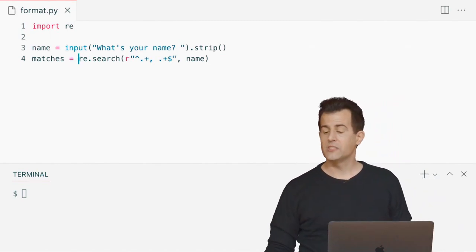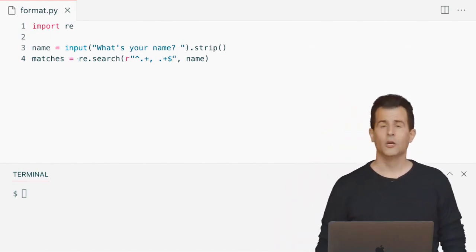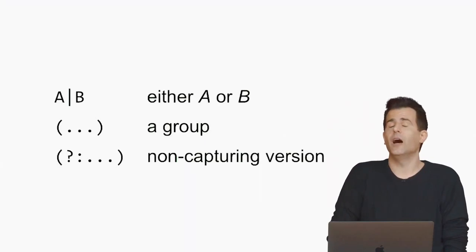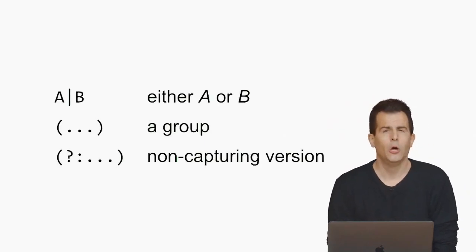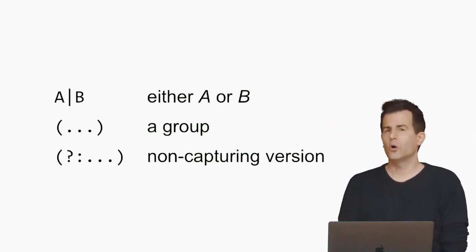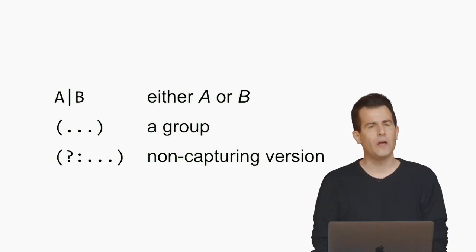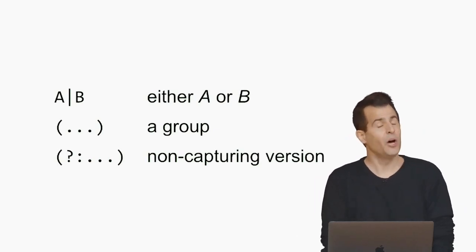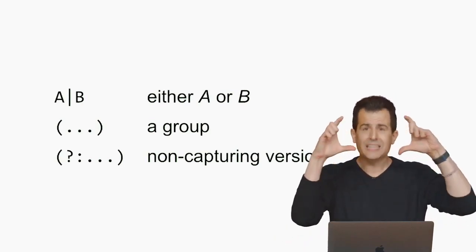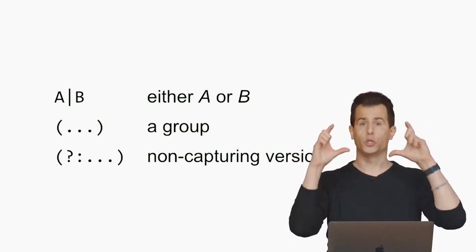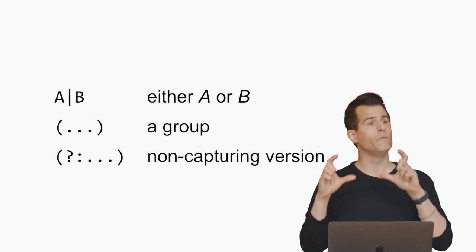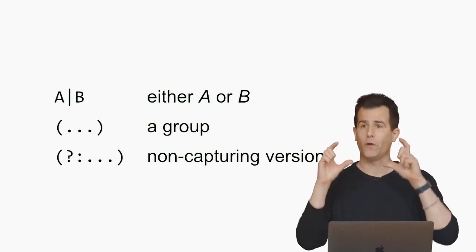Well, it turns out there's this other feature of regular expressions which allow you to use parentheses not just to group things together, but to capture them. It turns out when you specify parentheses in a regular expression, unbeknownst to us up until now, everything in the parentheses will be returned to you as a return value from the re.search function.